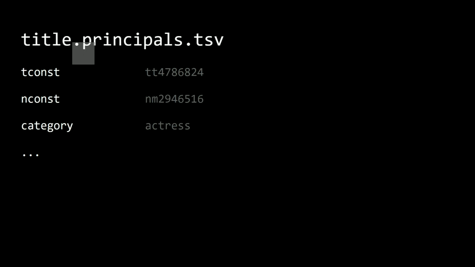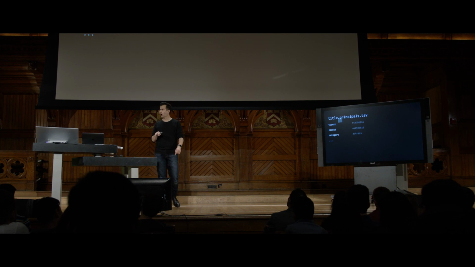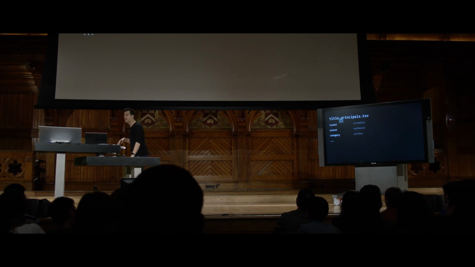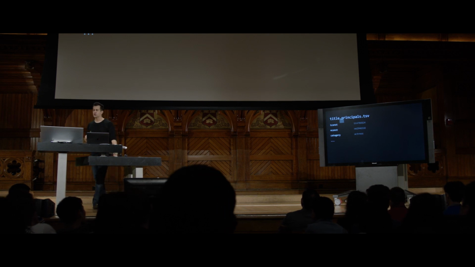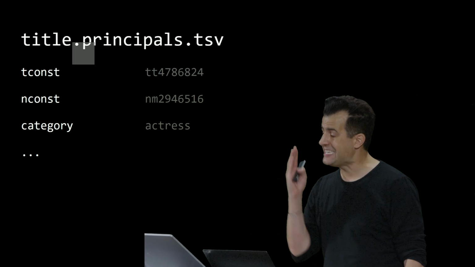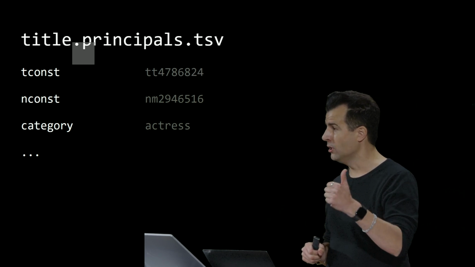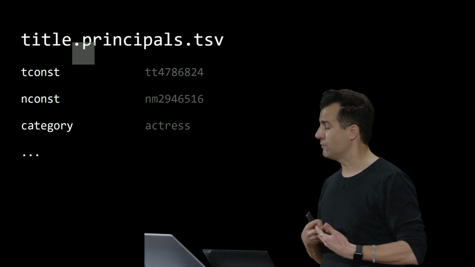But also juicy is this file, title.principals.tsv. And this is where life gets interesting too. In this file, notice there are no actual titles. There's no primary titles. There's no actual human names. Instead, there's just two unique identifiers, a tconst and an nconst, which is our IMDb speak for a title identifier and a name identifier.